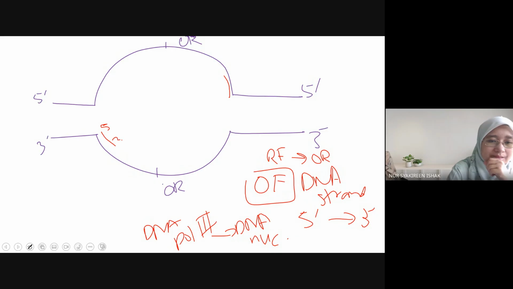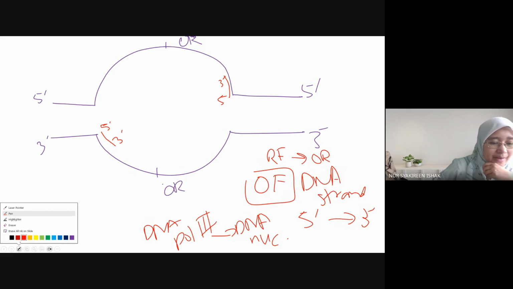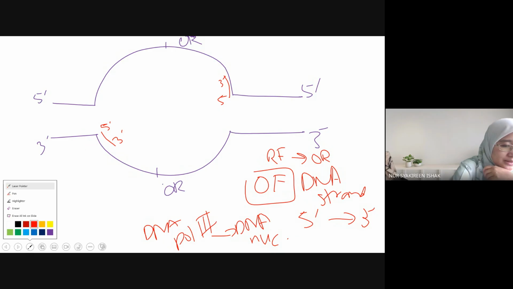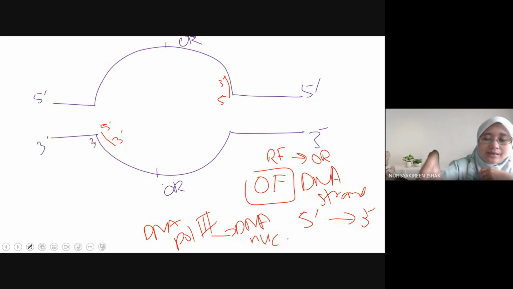5, 3. 5, 3. Sebab apa? Sebab kat sini kita dah nampak kat sini pada template. Kita nampak pada template 3. So kat sini pun akan jadi 3. Pada template akan jadi 3 juga. Okay. Pada template kat sini. Ini terbalik ni sekejap.